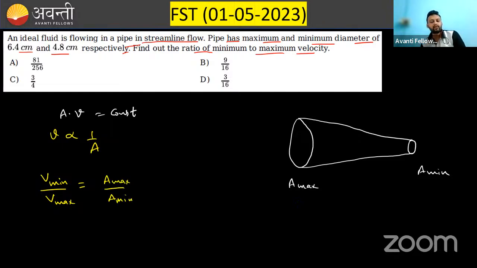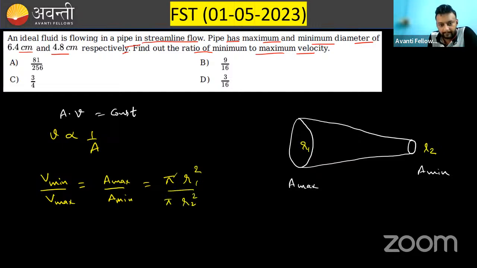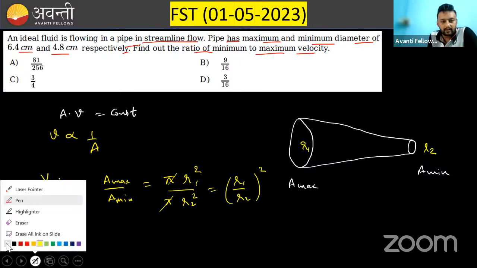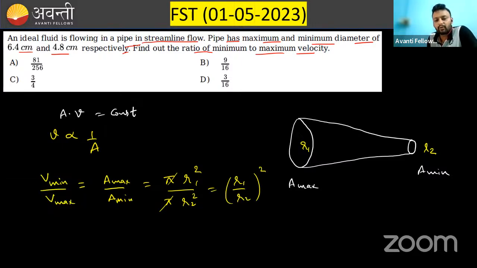Now listen to me, area of cross section is nothing but pi r square. Let's suppose this has a radius r1 and this has a radius r2. So pi r1 square by pi r2 square. Pi and pi can be cancelled. That will be r1 by r2 whole square. But the question has given us diameter, so no problem.